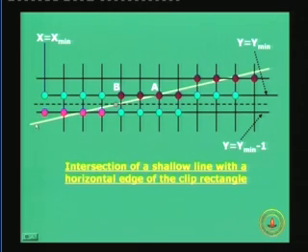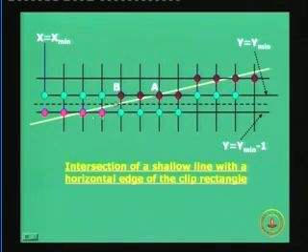Now the pixels which will be selected by Bresenham's algorithm without clipping are these 4 pixels marked in purple at y equal to y min minus 1, that is the bottom horizontal line below the horizontal edge of the clip rectangle. So these 4 pixels would have been selected, then these 4 pixels, and then the middle 4 pixels, of which 2 are marked as A and B. We will see why they are significantly marked. Those 4 pixels lie on y equal to y min, the horizontal edge, and on y equal to y min plus 1 you will also have 4 pixels and so on.